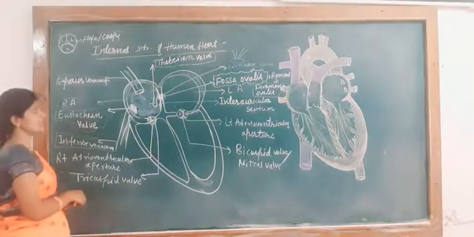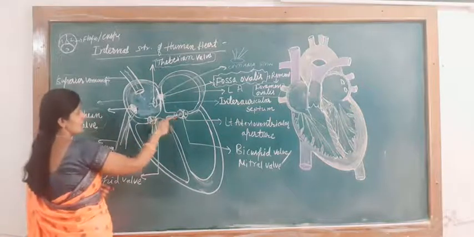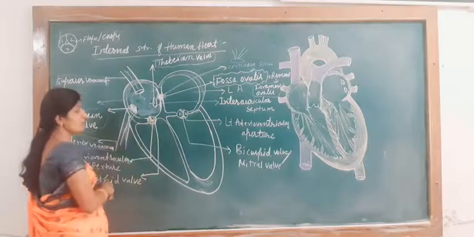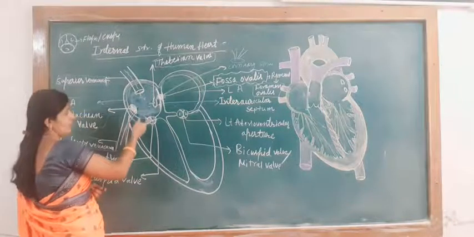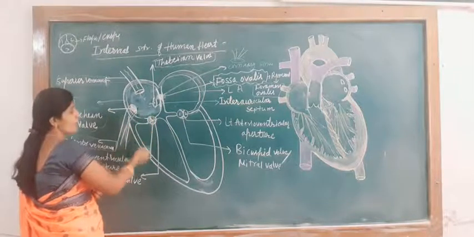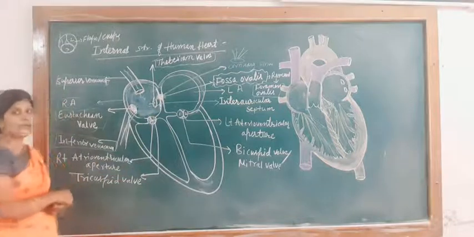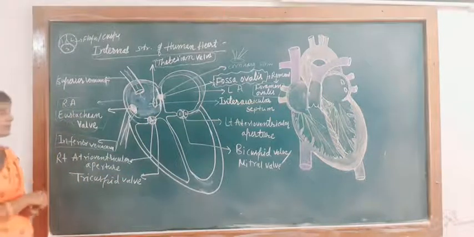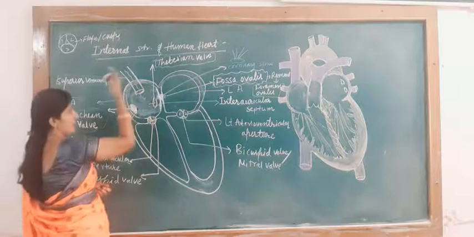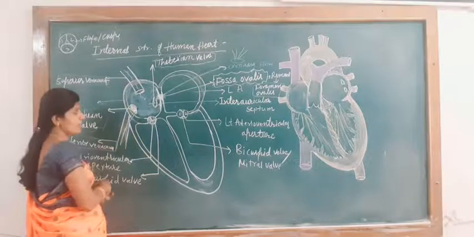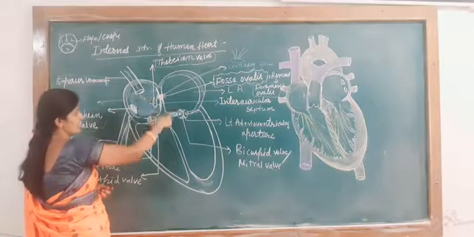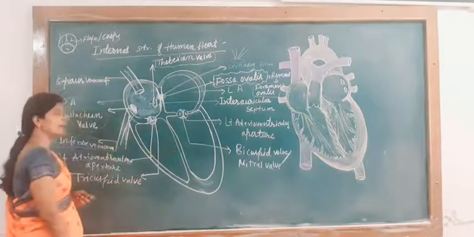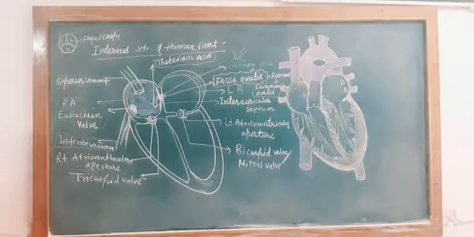This valve has one function: it prevents the backflow of blood and allows the flow of blood in only one direction. The blood coming from the atria goes towards the ventricles only. This is the function of the valves.